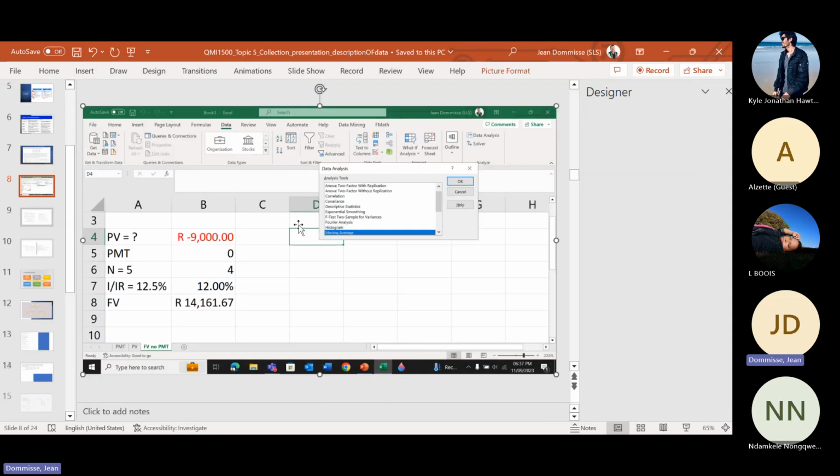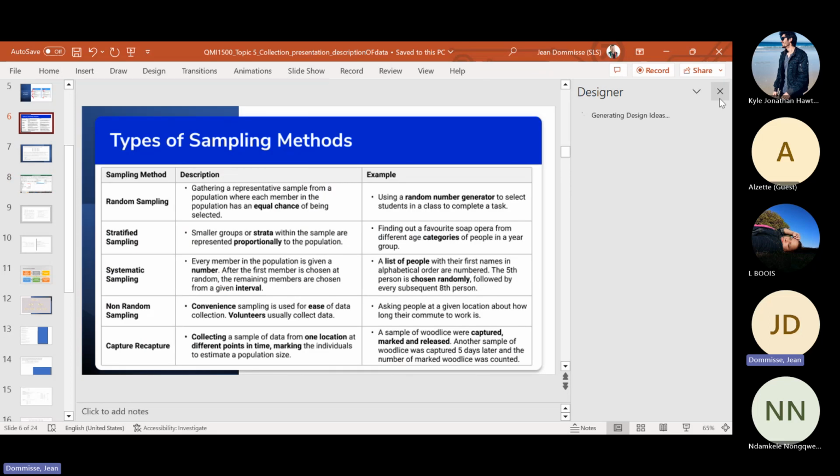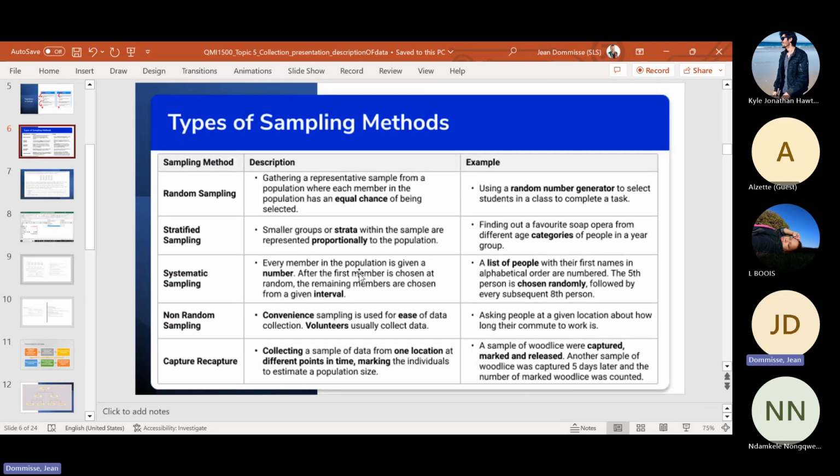So when I went to data analysis, it popped up this window. And if you then scroll down there is a random generator function. So again, Excel is very, very nice in having things like that.